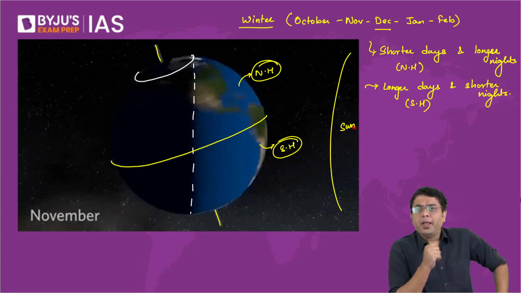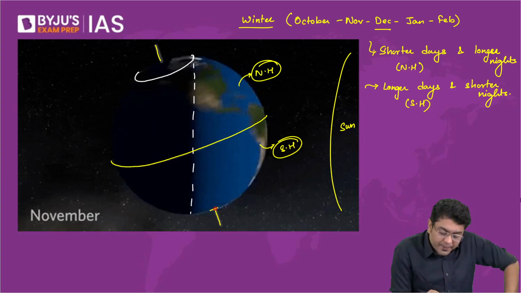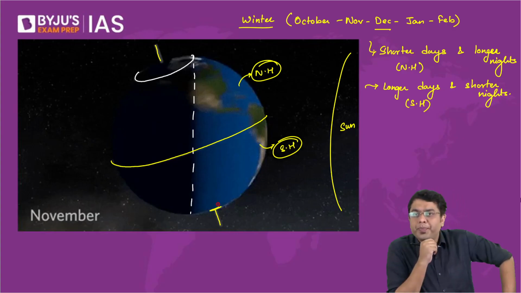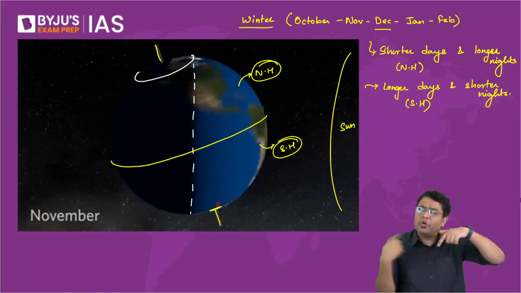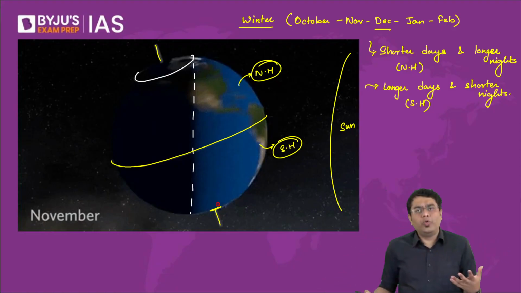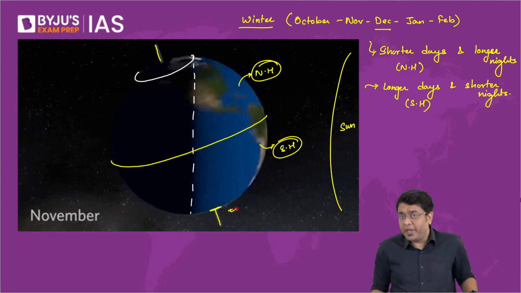Now, if I ask you about the condition of length of the day, length of the night in the region of Antarctica or around the South Pole, what do you think will be the situation in Antarctica? Now, when you talk about Antarctica, regardless of how many rotations that does the planet carry out, this will always be on the brighter side of the circle of illumination, on the lighted portion of circle of illumination, isn't it?